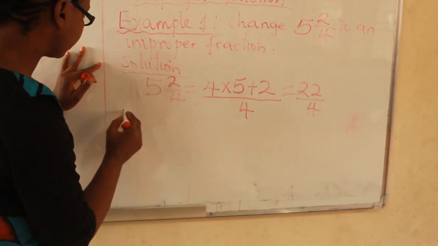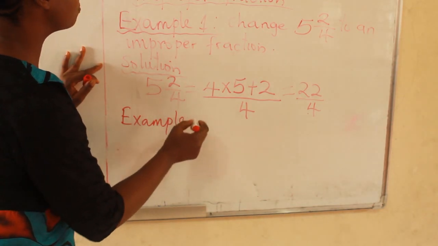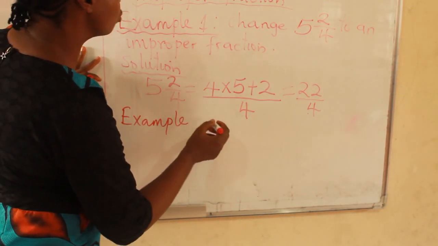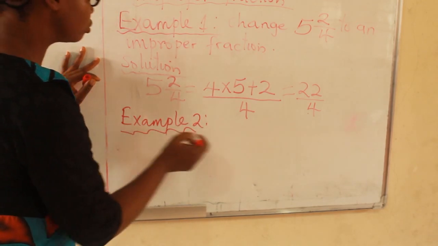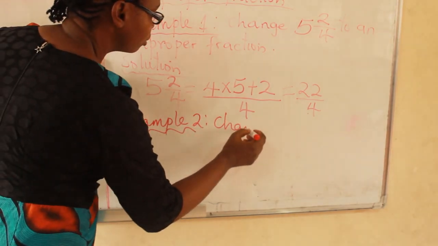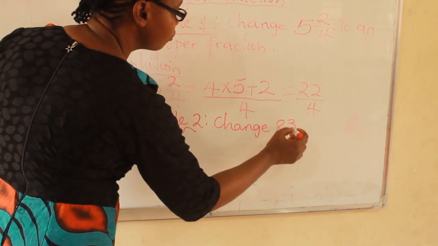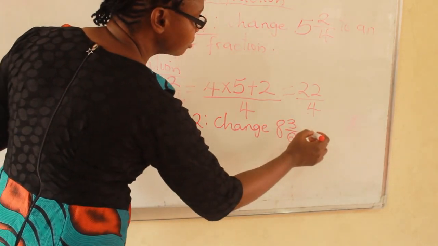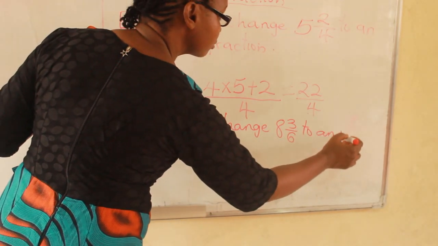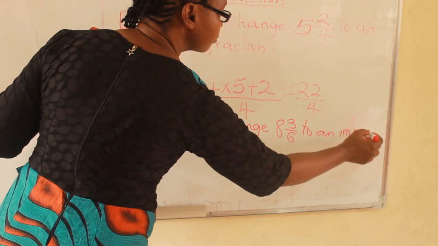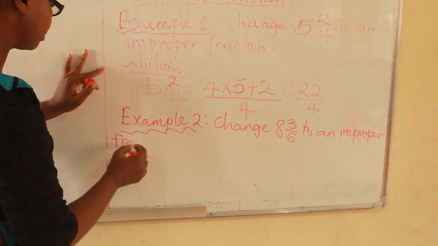We now take example 2 on the subtopic changing mixed fractions to improper fraction. Example 2, we are going to change 8 whole number 3 all over 6 to an improper fraction.